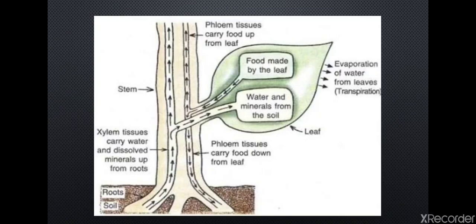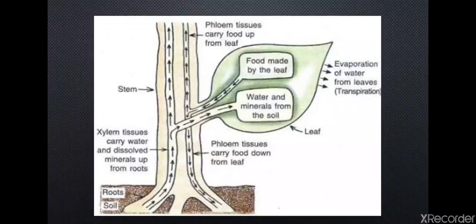Here also in this picture you can see how water and minerals from the soil are absorbed by the roots and then transported through xylem tissues to the different leaves, and the food made by the leaf is transported to the different parts of the plant through phloem tissues.